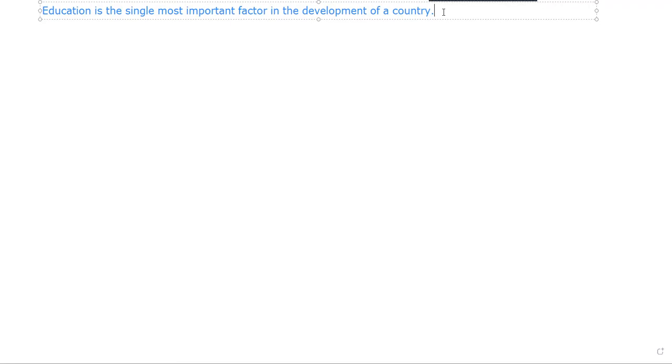Okay, so then the first strategy that you can use is for paraphrasing. Of the three strategies we mentioned, the first and the second strategies are for paraphrasing. Okay, so the first strategy is using synonyms.